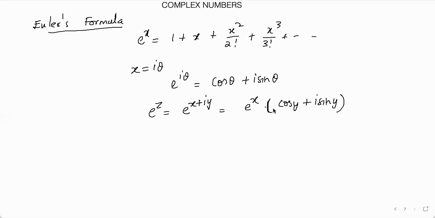In the special case, if y is equal to 0, it reduces to e to the power of x. Please remember this. And also de Moivre's theorem reduces to e to the power of i theta, the whole to the power of n, which is equal to e to the power of i n theta.